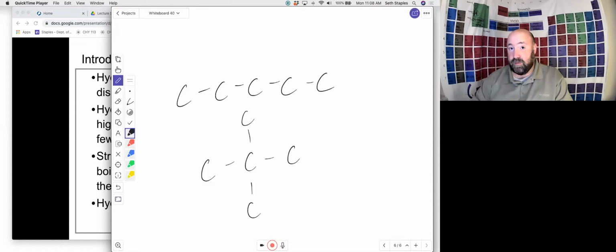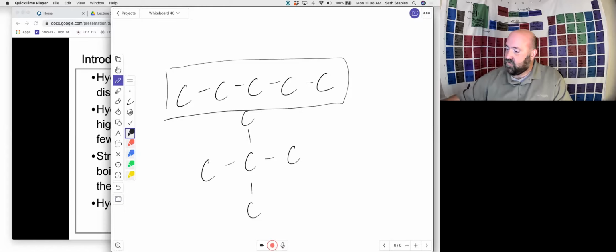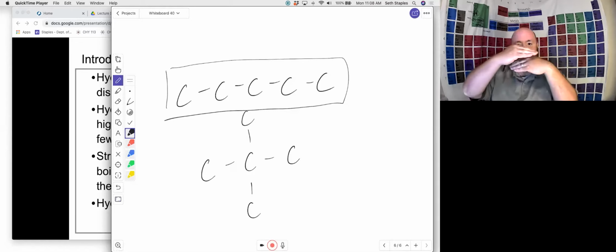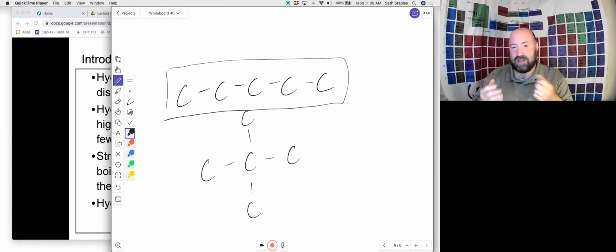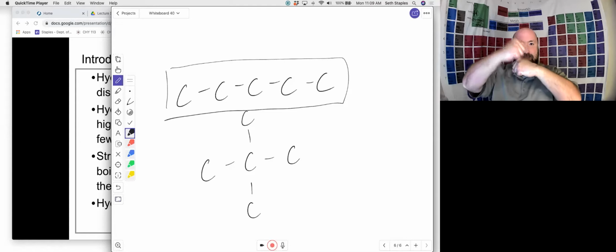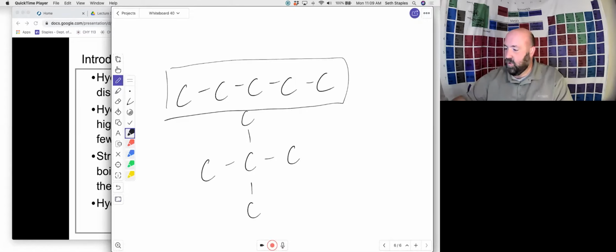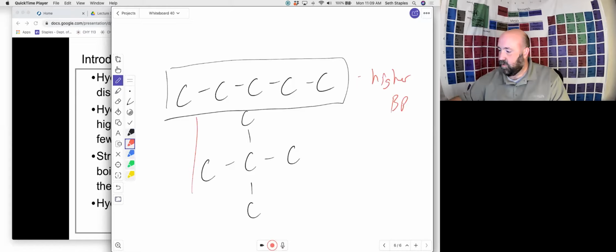That's still 5 carbons, and in fact, these would have the same exact chemical formula. But this, in the straight chain, is going to be shaped pretty much flat, again providing more surface area to act on. As opposed to the one below, that's going to form up into kind of a ball type shape. Less surface area to act on is going to lead to this compound having higher boiling points and melting points compared to this one.